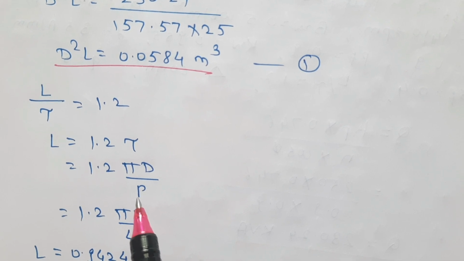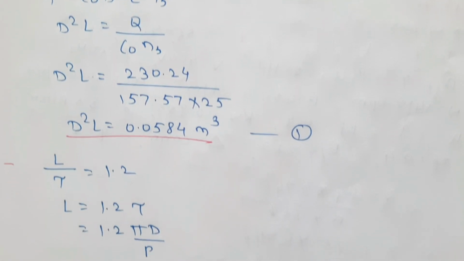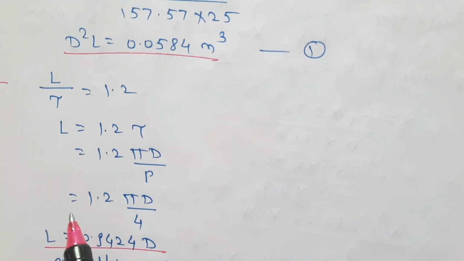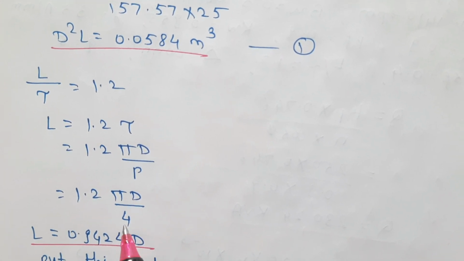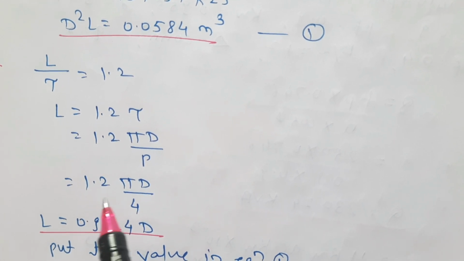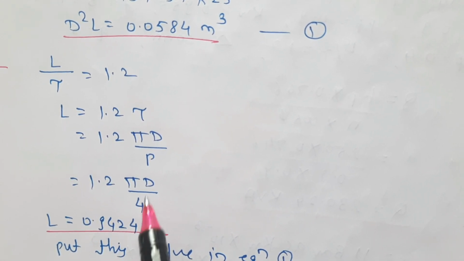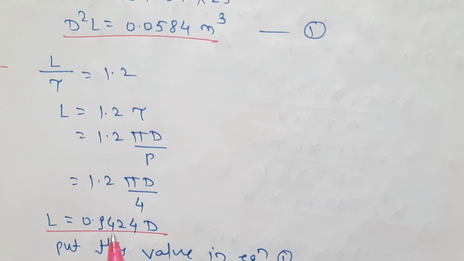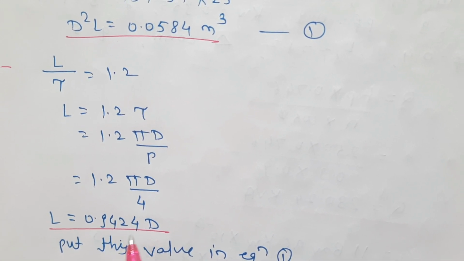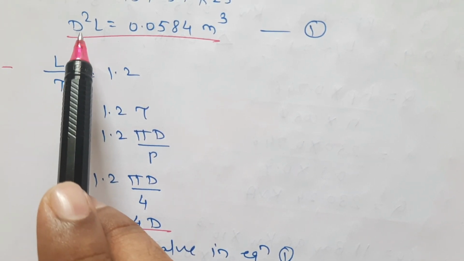But we already found the value of p is equal to 4. Put this value in this equation. Therefore, L is equal to 1.2 into pi d divided by 4. The value of 1.2 into pi divided by 4 is 0.9424, and d as it is. Therefore, L is equal to 0.9424 into d. Now, this value of L is substituted in equation 1.